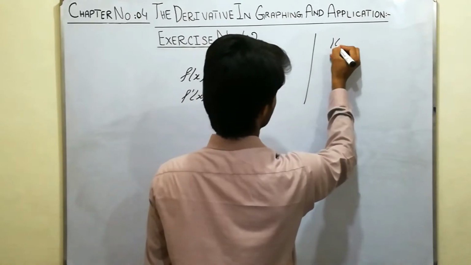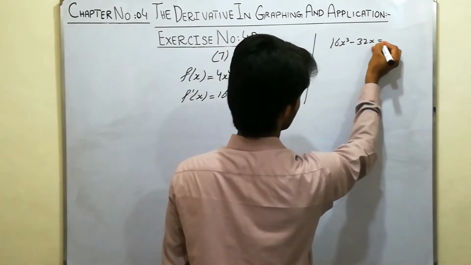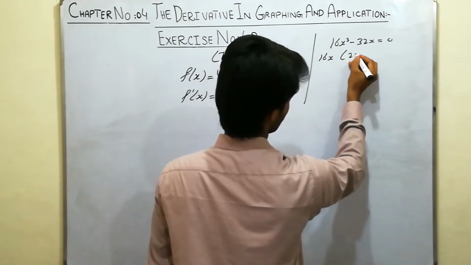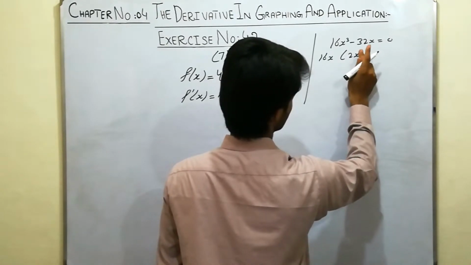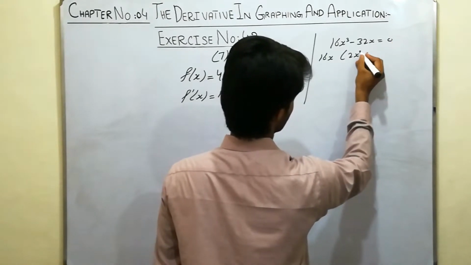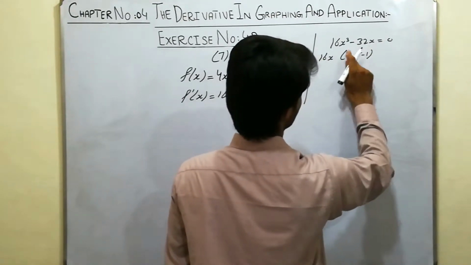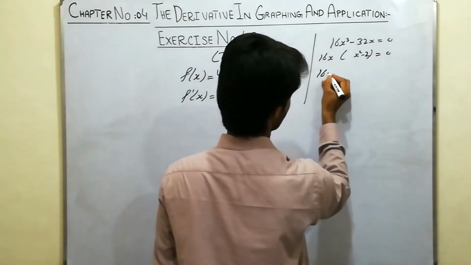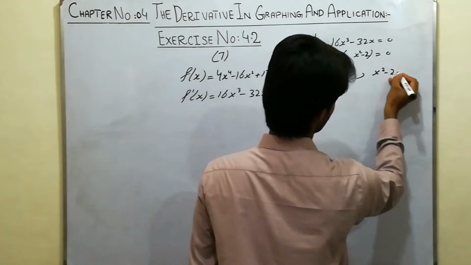So we have 16x cube minus 32x is equal to 0. Take 16x common. So we have 16x times (x square minus 2) is equal to 0. 16x is equal to 0 and x square minus 2 is equal to 0.